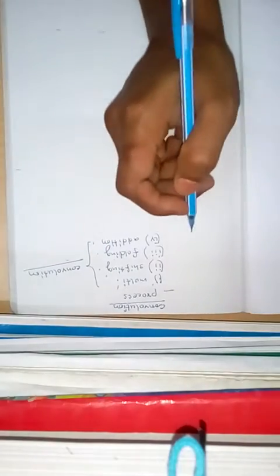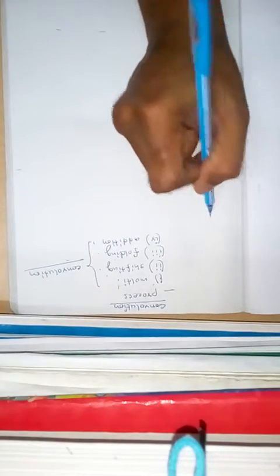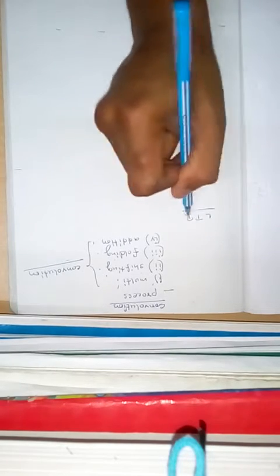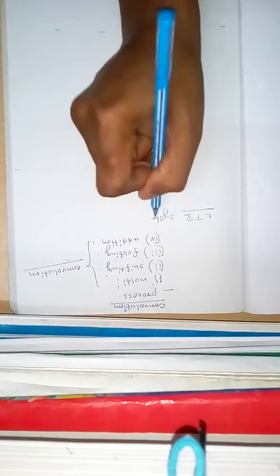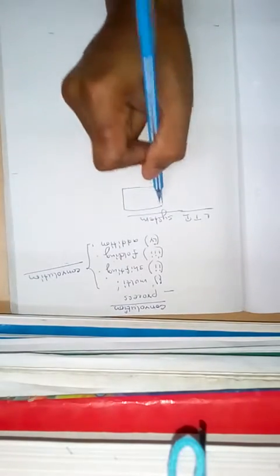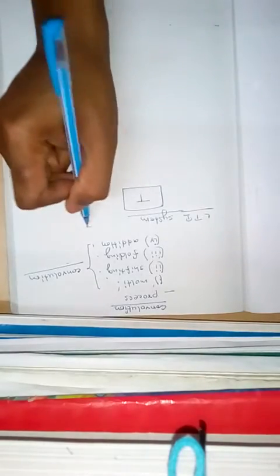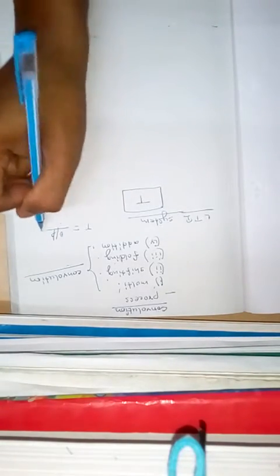Now let us consider an LTI system, a linear time invariant system. Let this be the system, represented by transfer function T. Transfer function is nothing but output by input, as we know from our basic concept.